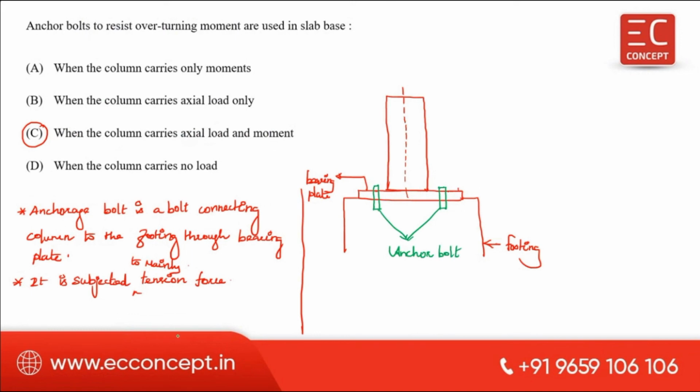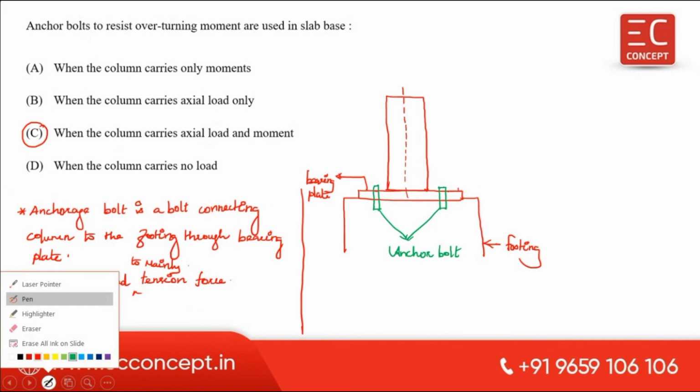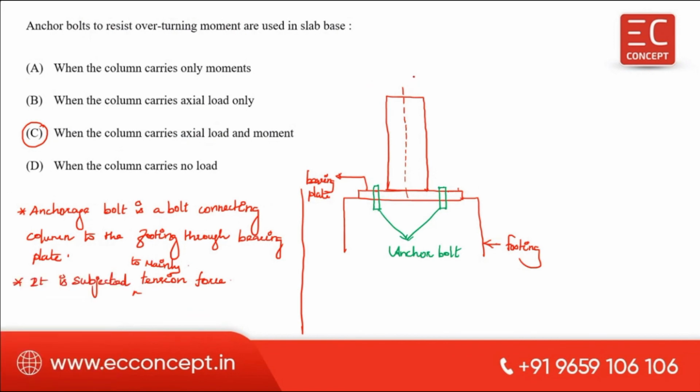Okay, suppose if there is an eccentric load, if there is a load acting somewhere here, P, then it will create an overturning moment PE. We can analyze this load as an axial load P at the center and the moment P into E. Now this P into E creates an overturning moment. So the anchor bolt resists this overturning moment.